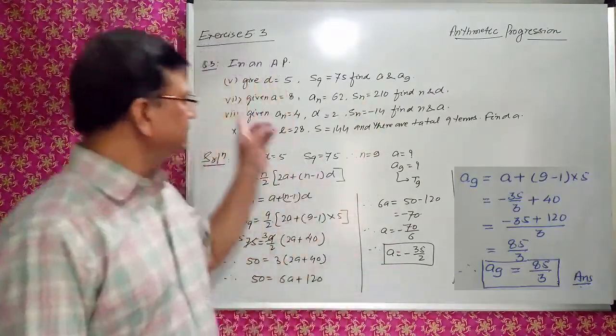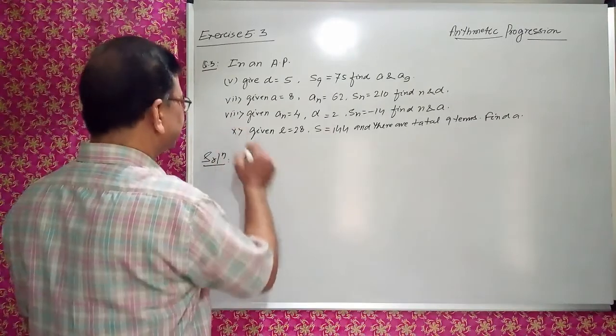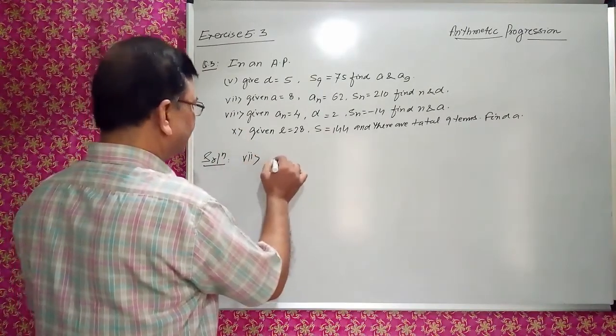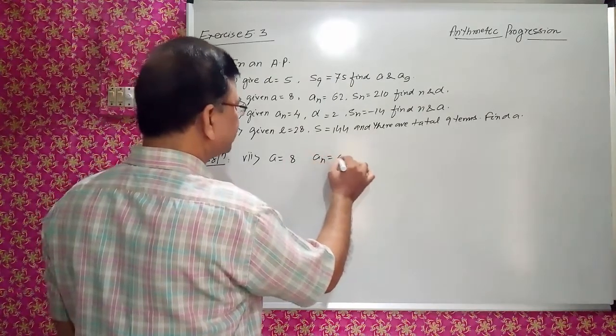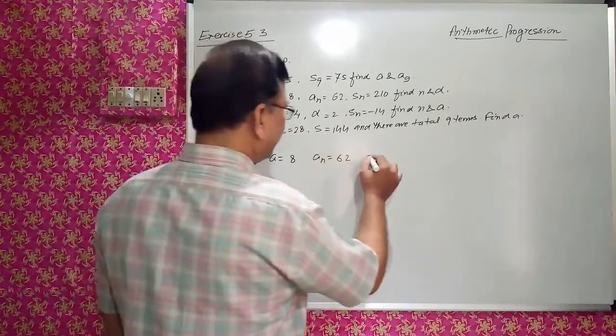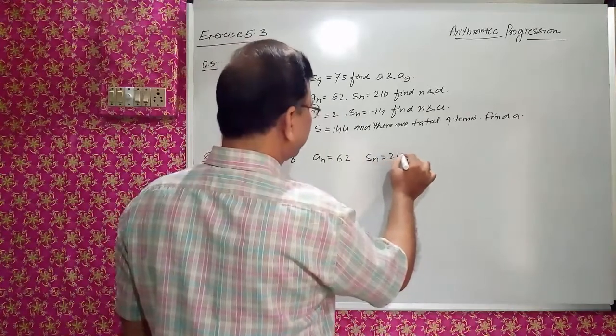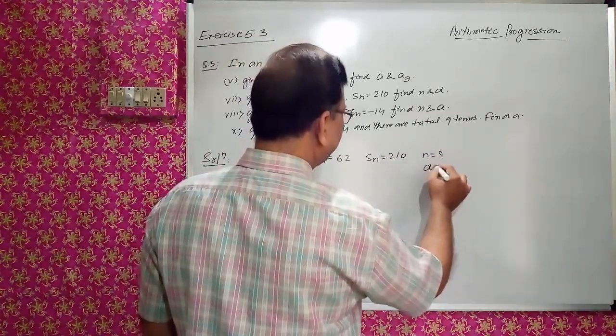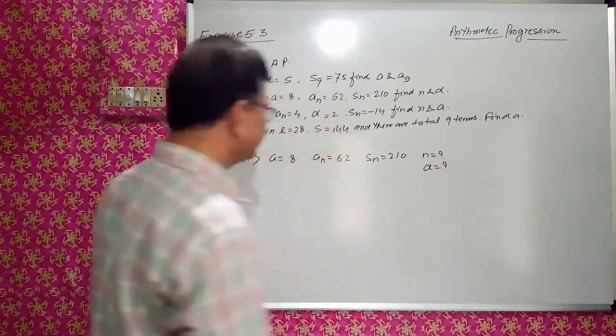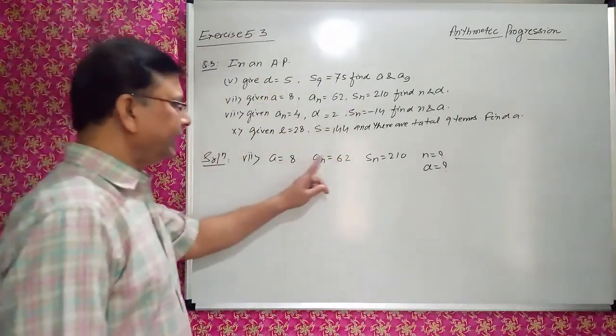So we will go for the second. a is equal to 8, an is equal to 62, Sn is equal to 210, and n is equal to what, and d is equal to what. an means it is Tn.